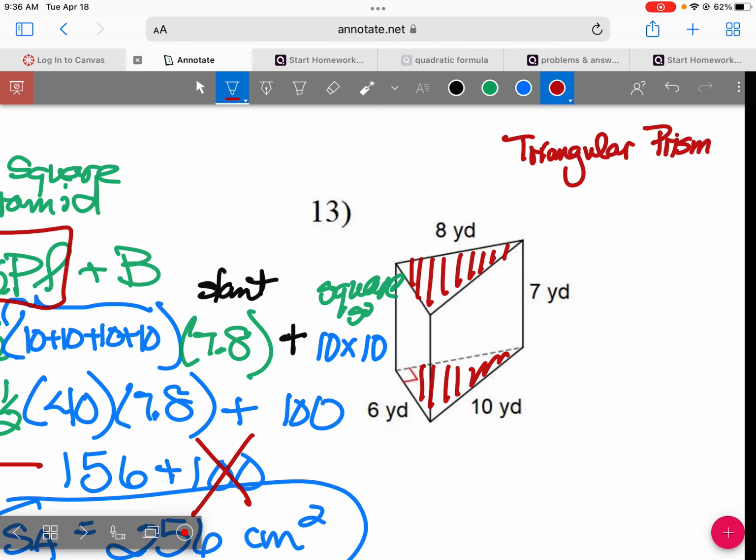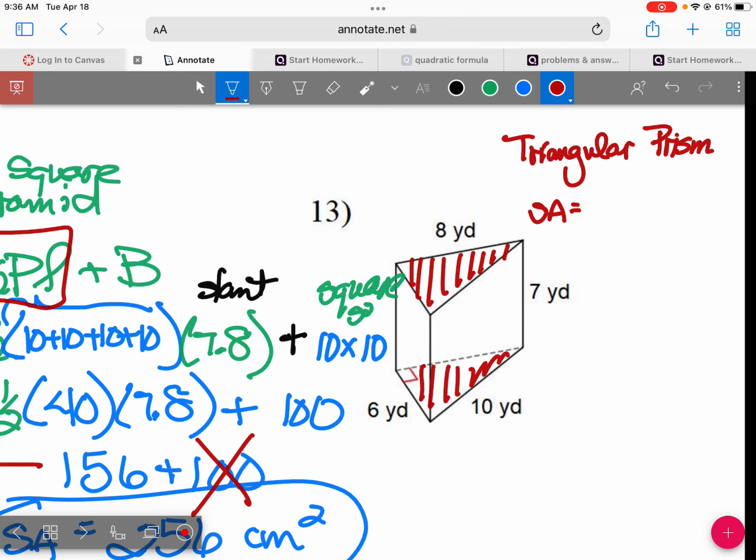Triangular prism. We're going to find surface area. I need to double check this. Prism, surface area: perimeter times height plus two bases.